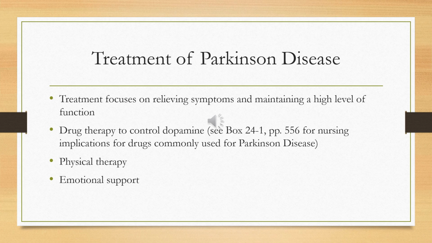Emotional support is important. You can just imagine how this is going to play on a person's mind. They're starting to become dependent on other people. Think about how that can affect a person's mental status. So you're going to want to provide emotional support for this patient.